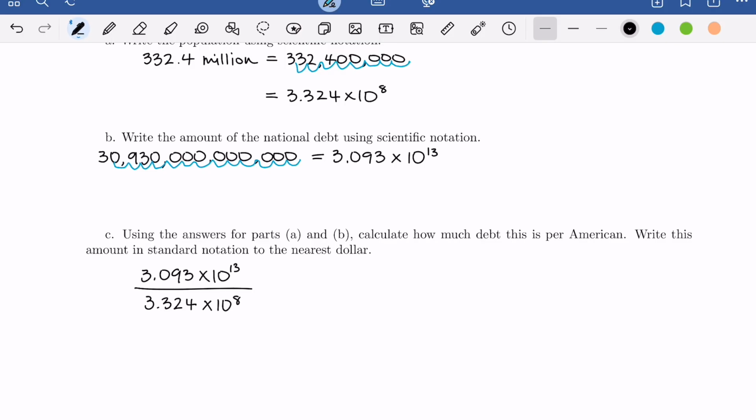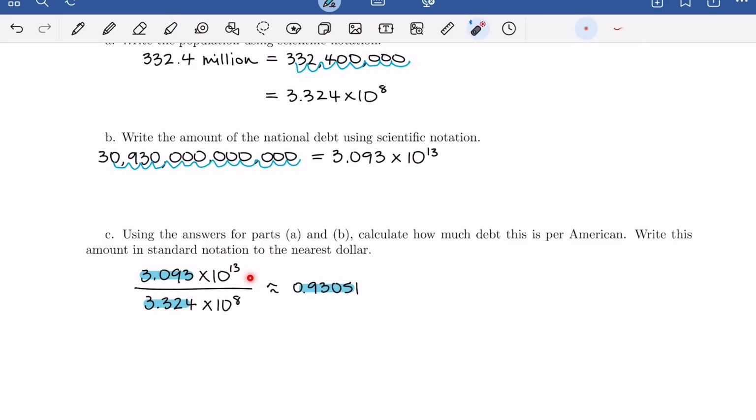So from here, we can plug this into our calculator just looking at our numerical values. If we take 3.093 divided by 3.324, and we're rounding, this is going to give us approximately 0.93051. So this is just going to be our numerical value here.